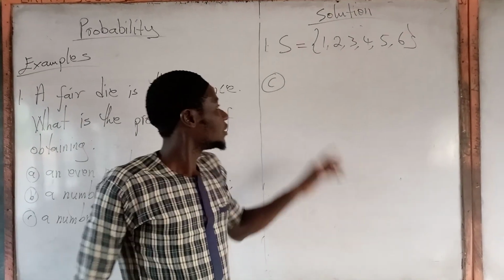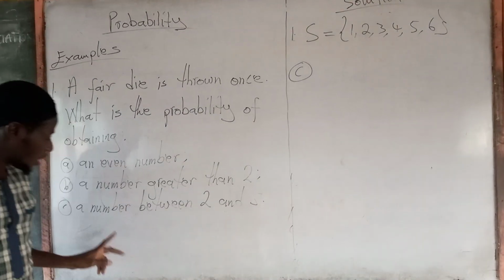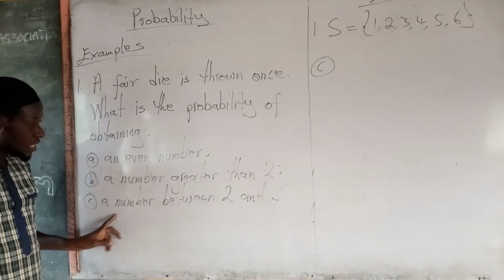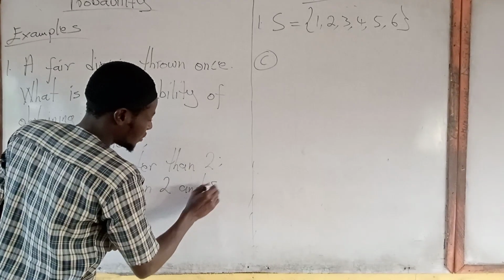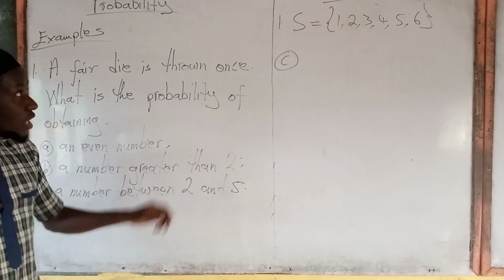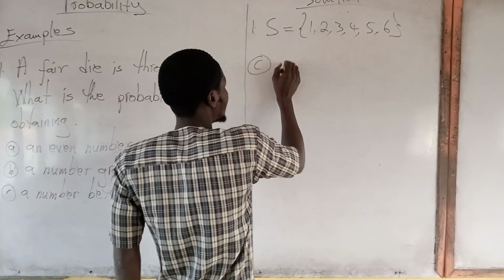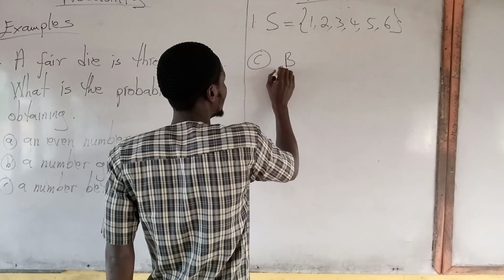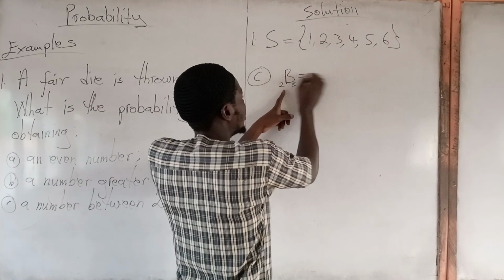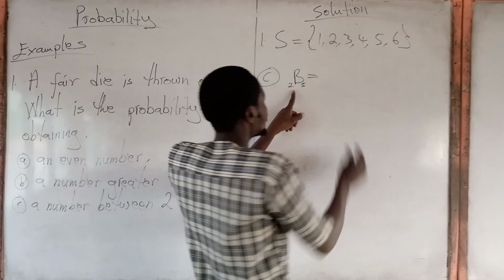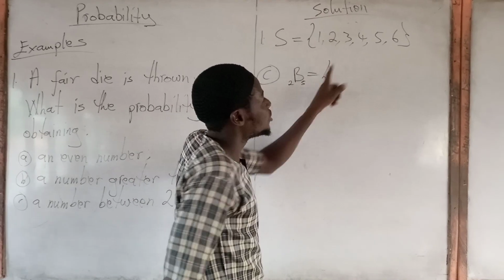Then let's come to the last question under that, a number between 2 and 5. Let me write this one. A number between 2 and 5. Let's use this symbol to represent a number between 2 and 5. Let's find the set of numbers between 2 and 5.